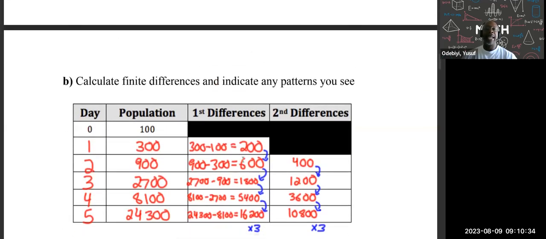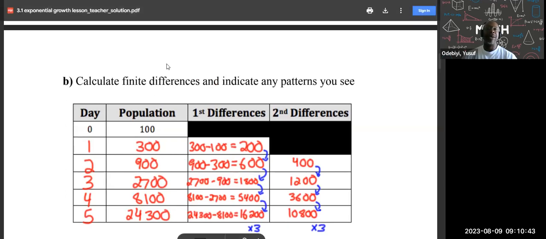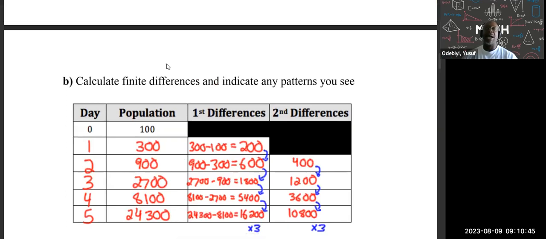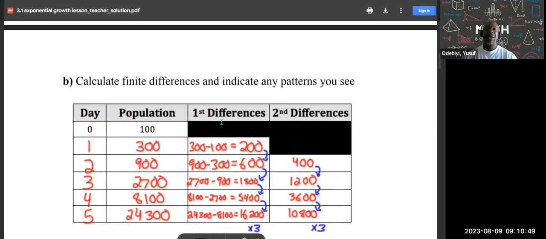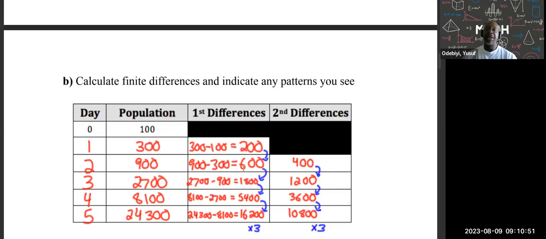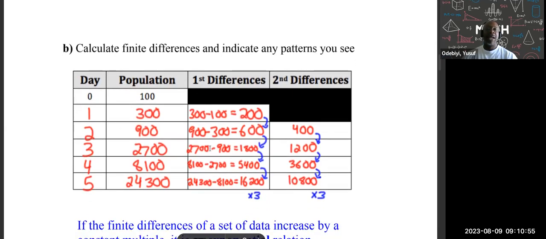If you guys remember from grade 9 about first differences, right? In grade 9, we talked about a linear function. We talked about the first difference being the same in a linear function.